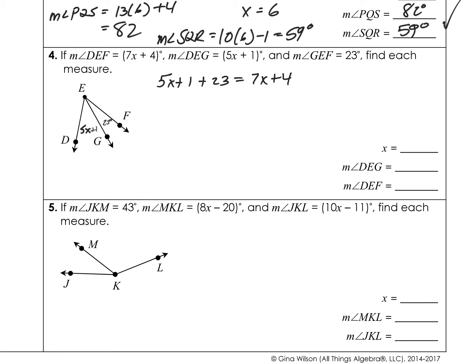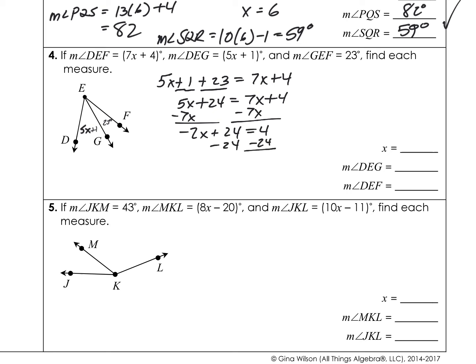So here we go. Combine like terms. 1 plus 23 is 24. Subtract 7x so we can get the variable on one side. Subtract 24 as we start to isolate the variable. Divide by -2. X equals 10.